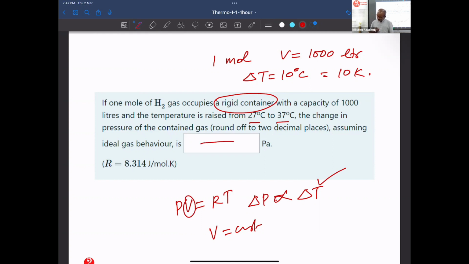So we can find this. This workout, I will give you the answer later. Maybe you can work it out.